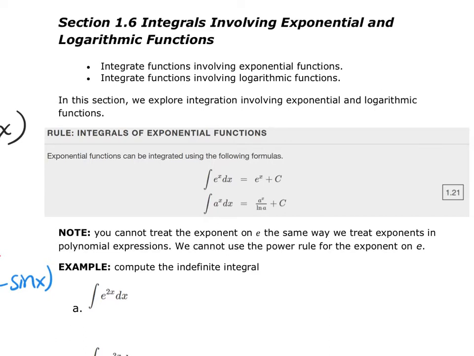Now remember that if I have something that looks like this, d/du of e to the u, that means I must have e to the u times u prime. The reason I'm reminding you of that is because if I were to have done the derivative of e to the 2x, what am I missing there in my integral?